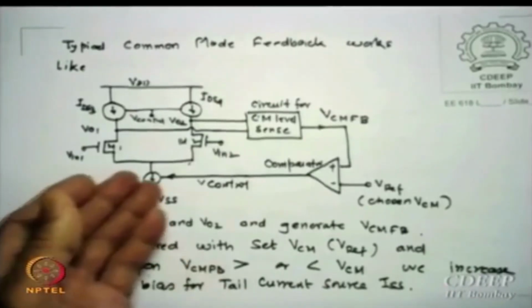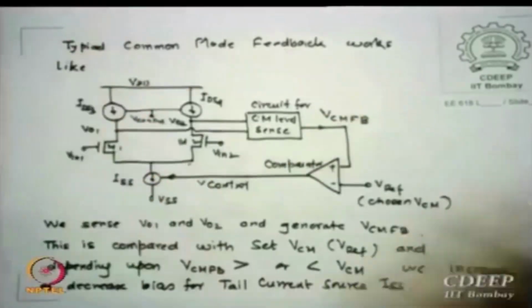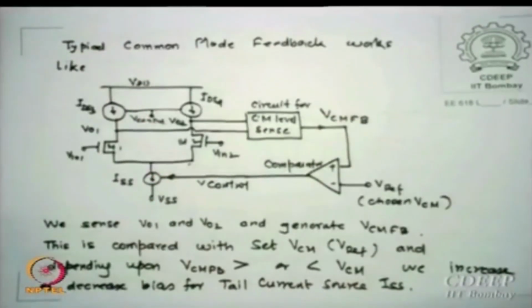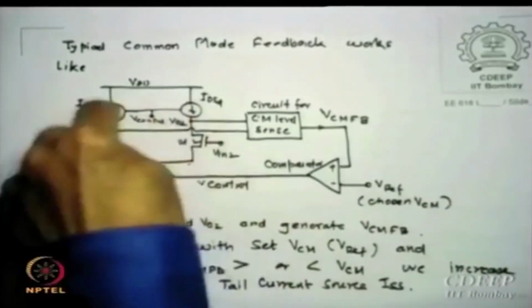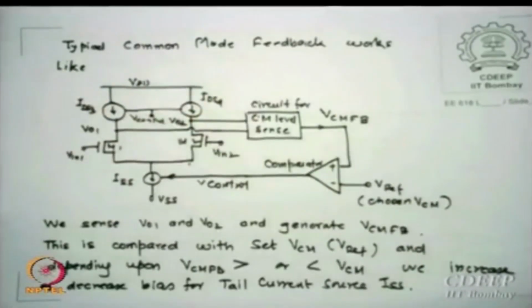So either we can change the tail current or we can change the load currents. This is the principle behind the CMFB circuit which we are going to show, and in the circuit which I have, I am controlling the load currents. But the same can be used for the I5 current also, the ISS current.